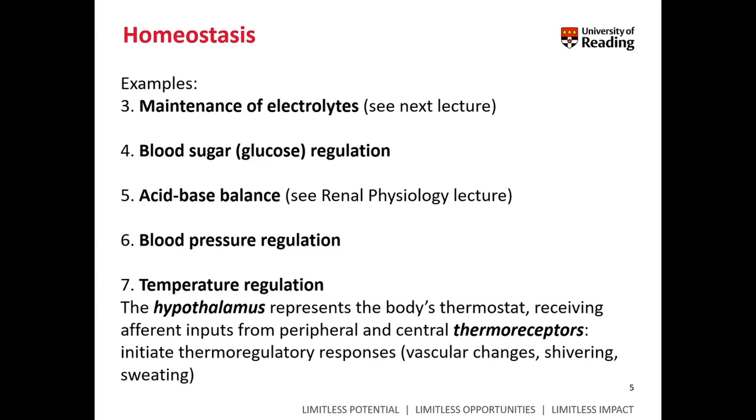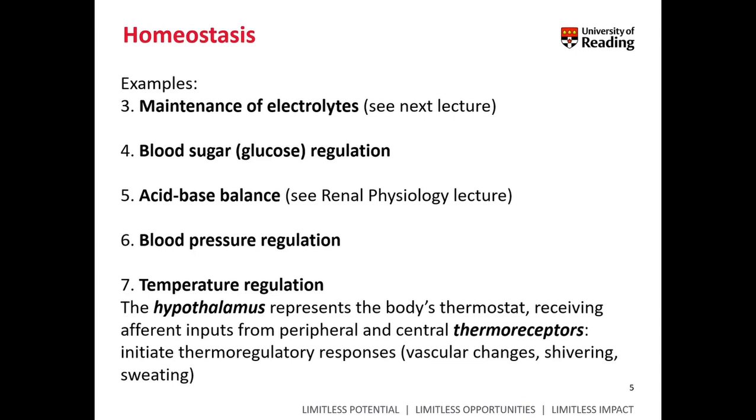In the case of temperature regulation, the hypothalamus in the brain contains certain neurons which receive information from the peripheral and central thermoreceptors. The hypothalamus works pretty much like a thermostat. It receives information about the peripheral and core temperature of the body.